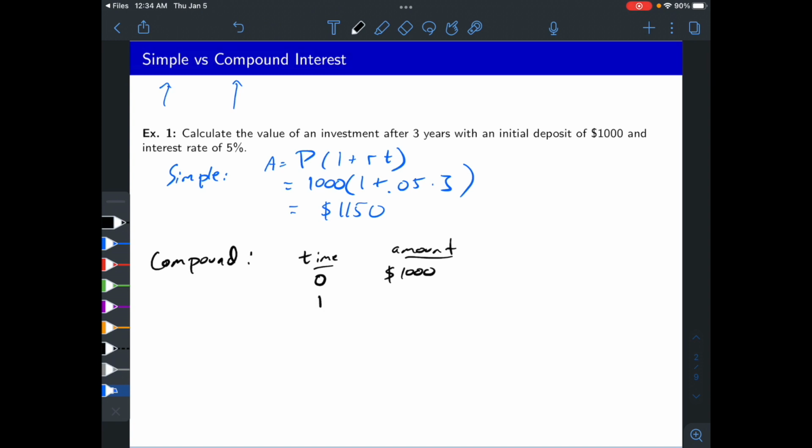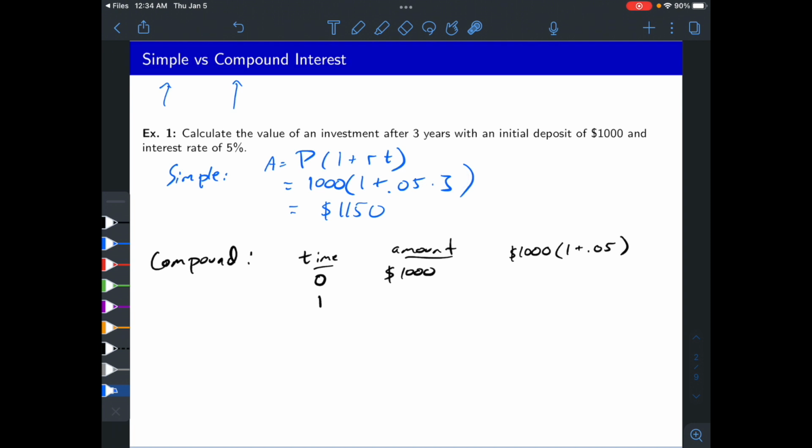Well, we do $1,000 plus 5% of what we had before. So if we're adding 5%, we can think of this as multiplying by 1.05, or 1 plus 0.05. And this is very similar to the simple interest formula, where we do $1,000 times 1 plus 5% times however many years.